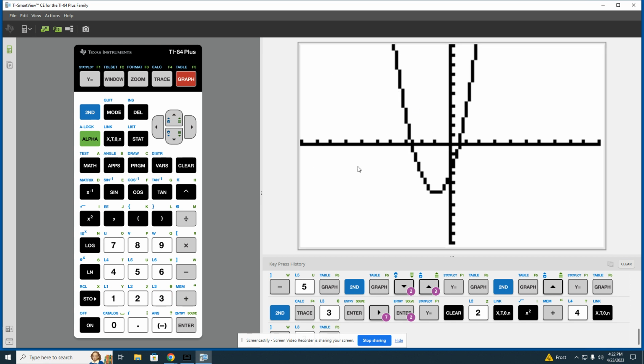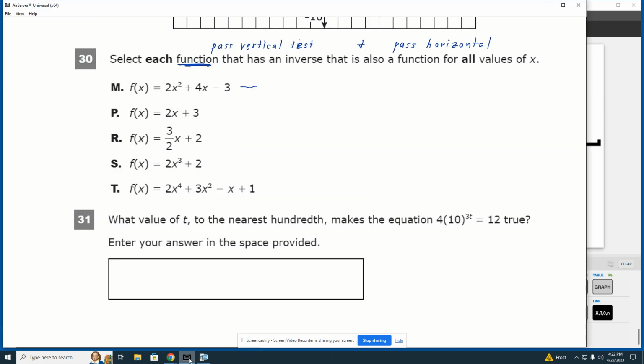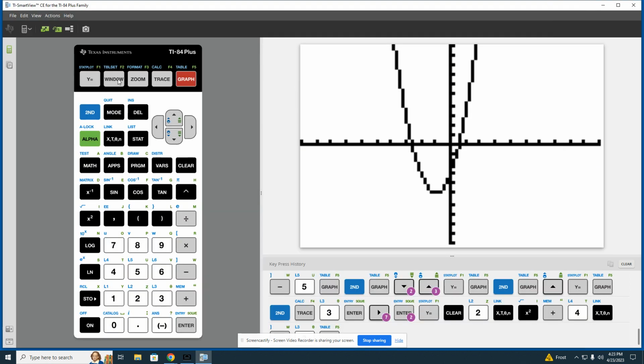If I were to take, and I wish I had something that I could show you, a vertical line and go across it, would I ever touch more than one point at a time? No, it passes the vertical line test. But if I were to take a line and move it up this way, see how it would cross multiple points? So this doesn't pass the horizontal line test. So the inverse would not be a function. So m cannot be it. Okay, look at p, 2x plus 3.